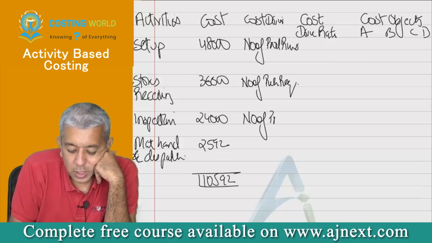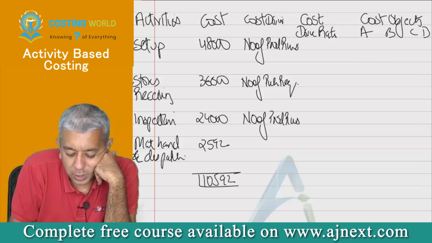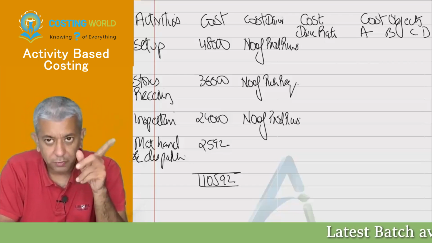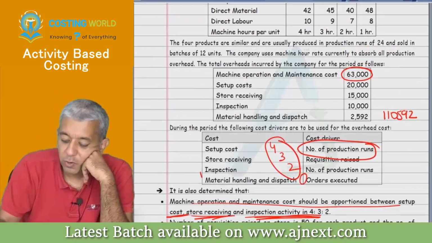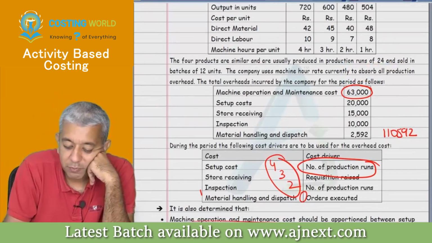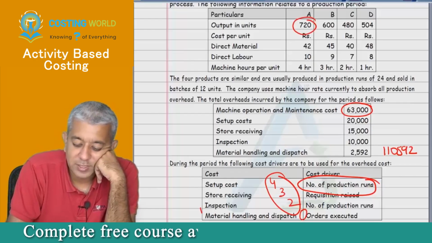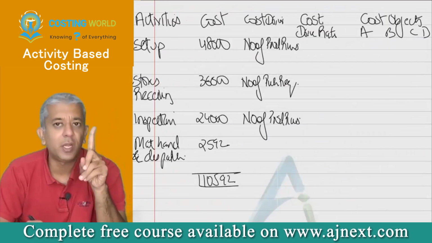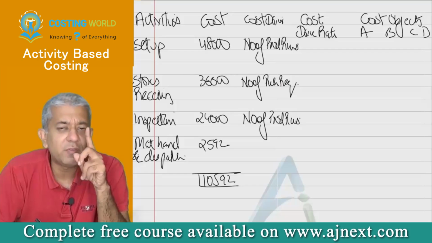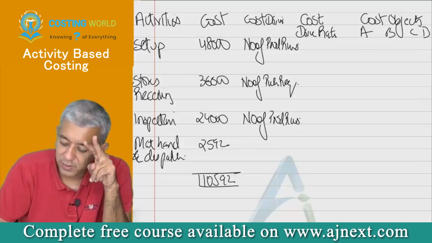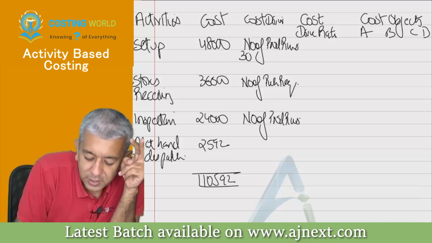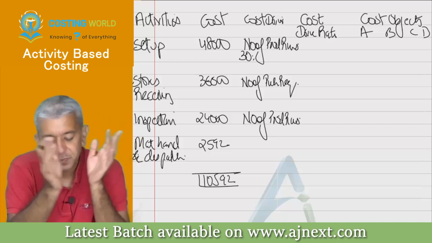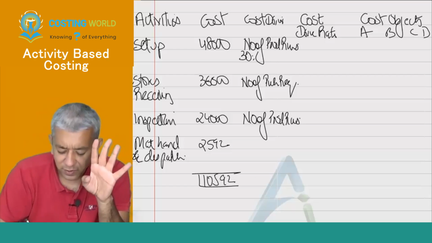Whenever the goods are produced, they are produced in lots of how many units? 24. And for this particular product, we will be producing 720 units. So at one moment of time, we produce 24 units. So therefore 720 divided by 24. This particular thing will be 30.